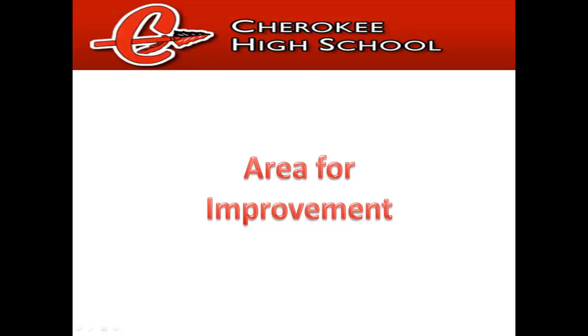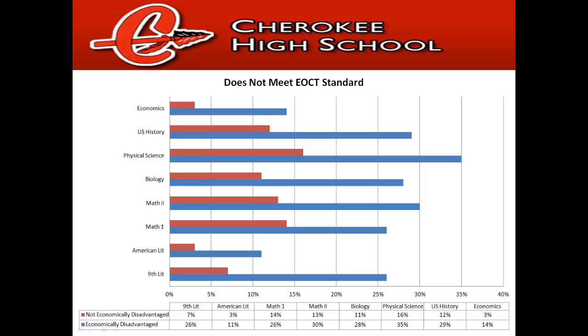So, where do we need to improve at Cherokee High School? Well, digging further into the data, we see that when it comes to our EOCT scores, there is a dramatic difference between our economically disadvantaged students and our not economically disadvantaged students.